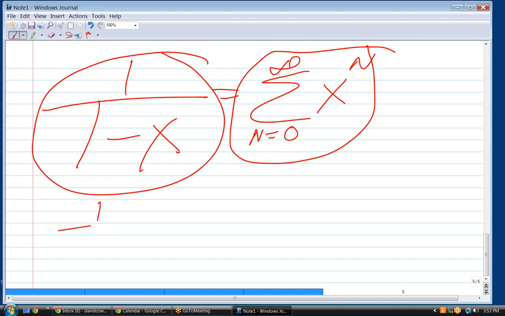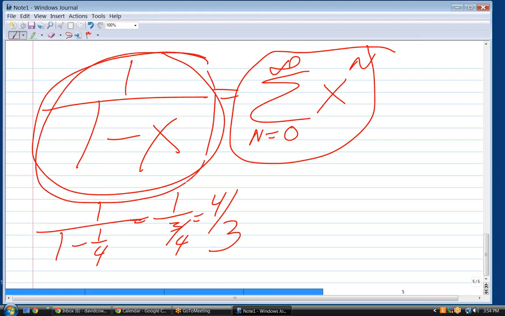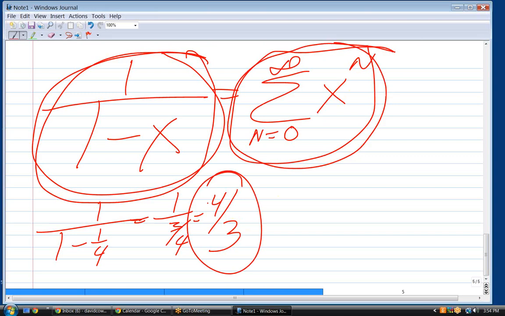Okay, so I'd have 1 over 1 minus 1/4, which is 1 over 3/4, which is 4/3. So we know what that is. When x is equal to 1/4, it's equal to 4/3. But it's also, the first few terms of that series will approximate 4/3. How do I know? Well, let's see. 1/4 is x to the 0 plus 1/4 to the 1 plus 1/4 squared plus 1/4 cubed.